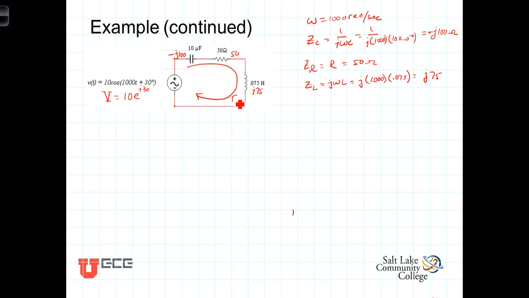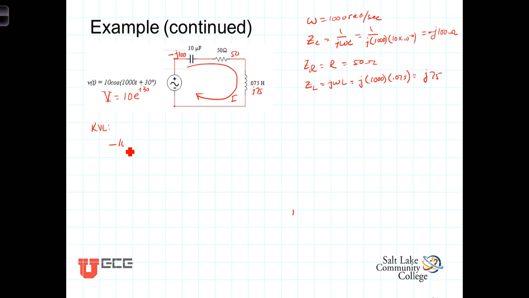We'll go ahead and define the current flowing through here, the phasor representation of the current, calling it phasor I. And let's write a Kirchhoff's voltage law equation going around that loop. Once again, adding up the voltage drops, so a voltage increase will be a negative.